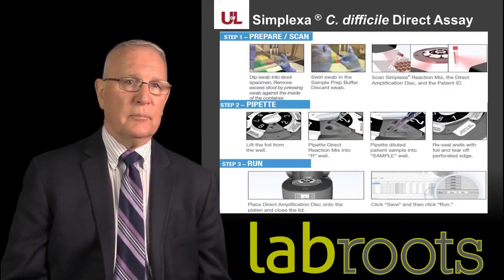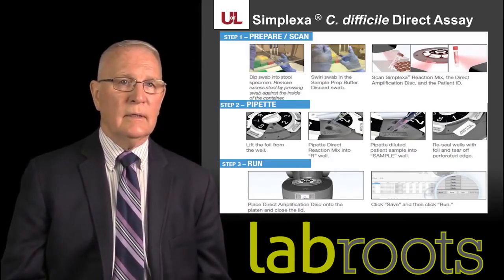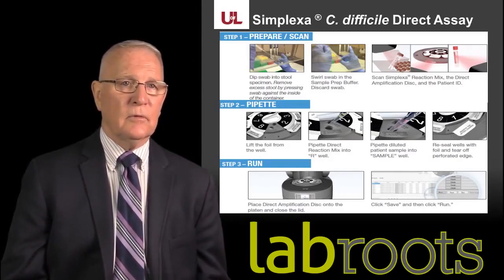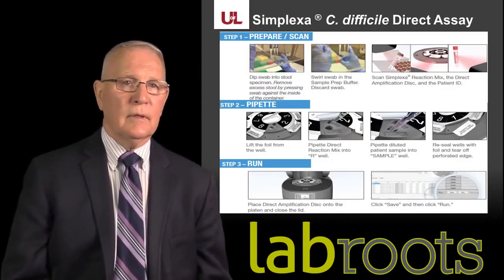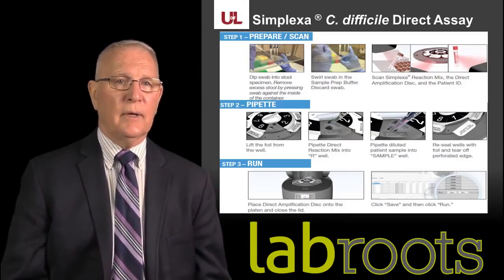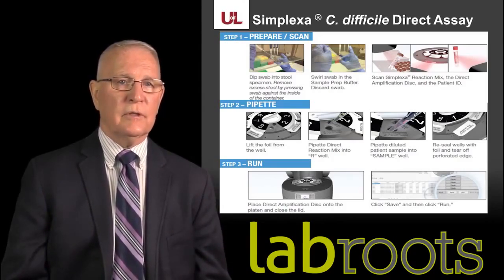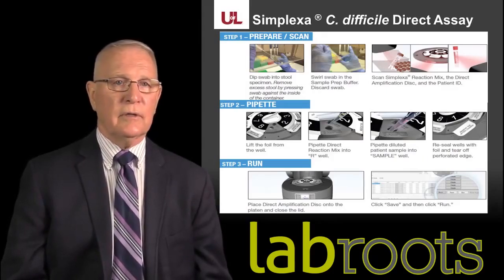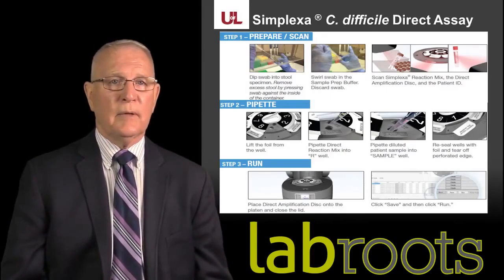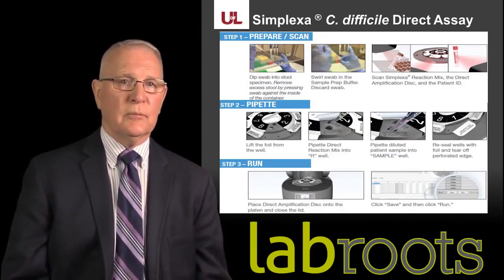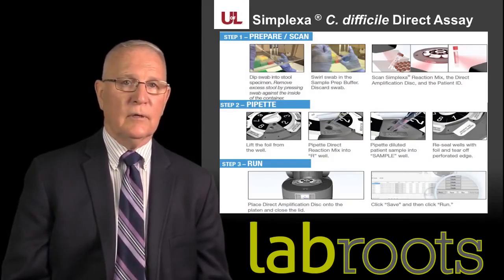The second step is to pipette the specimen. Once you lift the foil from the well, you pipette the direct reaction mix into the designated R well, as it says there, and then pipette the diluted patient sample into the sample well.